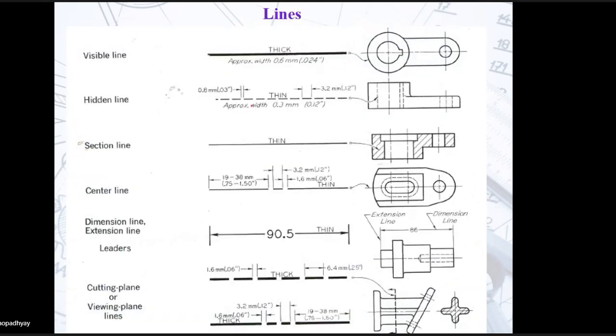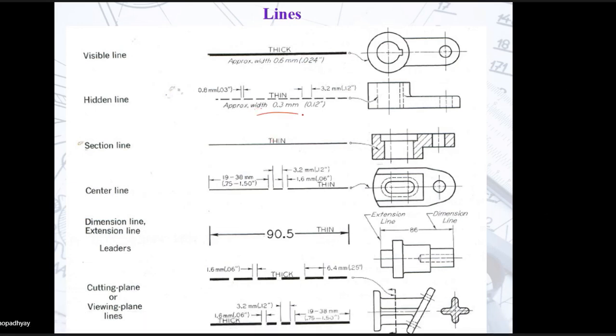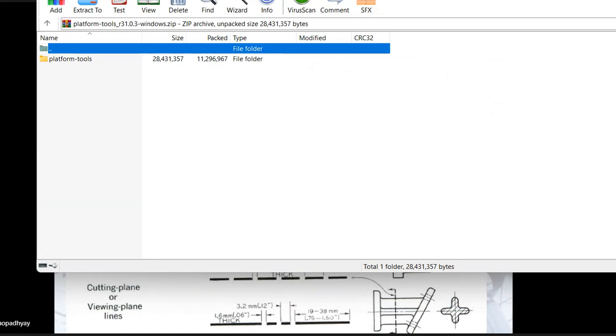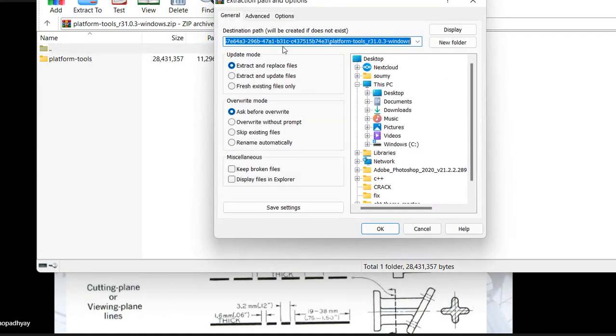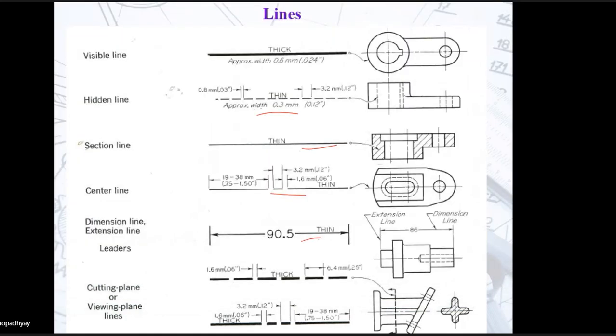So thick lines, visible line, hidden line, section line, when we require a hidden line, when we require a section line, when we require a center line, we are going to see that at a later stage. For now, you should be having the information that these are the types of lines that you have.